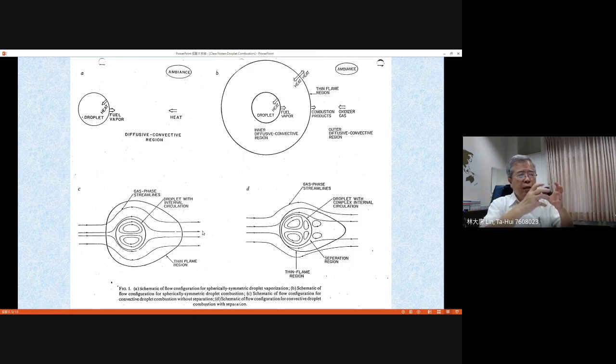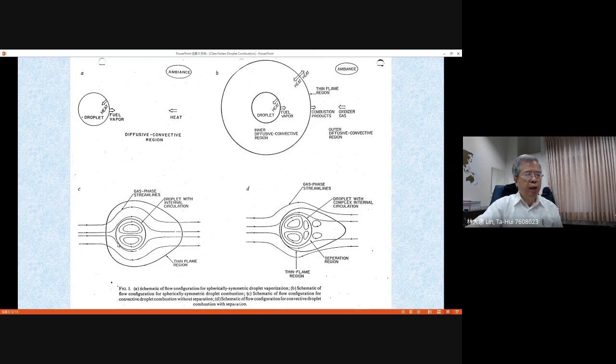But for the gas phase, as we remember for case B, if the droplet is spherical, then we will have a spherical diffusion flame if you do not consider flow convection. But when you have flow convection, look at the front region of your droplet.